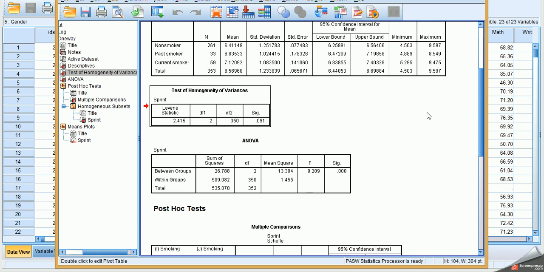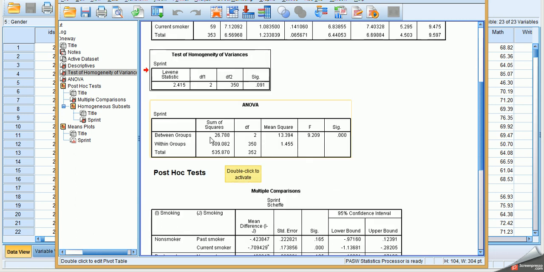So for the alternative, we use the word different. Whenever we see 0.00, it means different. That means we are taking the alternative hypothesis for most of the tests, not all of them. So here we have more than 0.05, so it's not different, it is similar. So equality of variances is assumed.